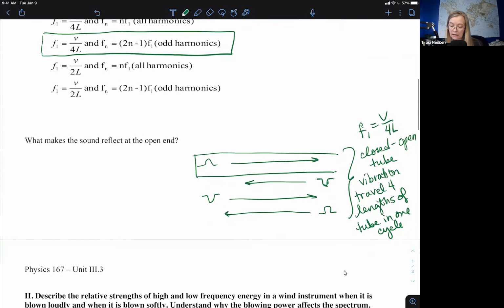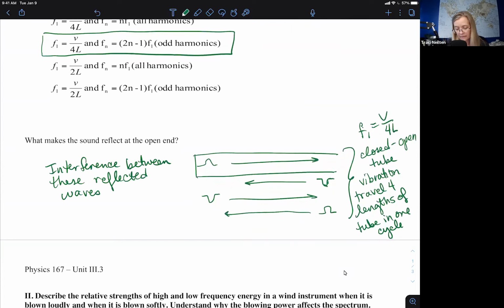And again, it's the interference between these reflected waves, the incident and the direct and these other reflected waves that cause standing waves in the tube or natural modes.